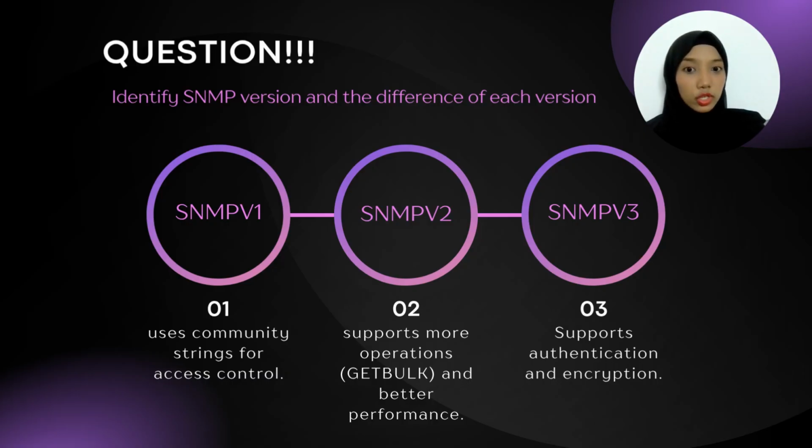And for version 3, the secure version, like we used just now, the big upgrade adds user-based authentication and encryption to keep data private and secure, so it's safe to use over the internet or in secure environments. So in short, version 1 is basic and insecure. Version 2, faster but still insecure. Version 3, secure and modern.